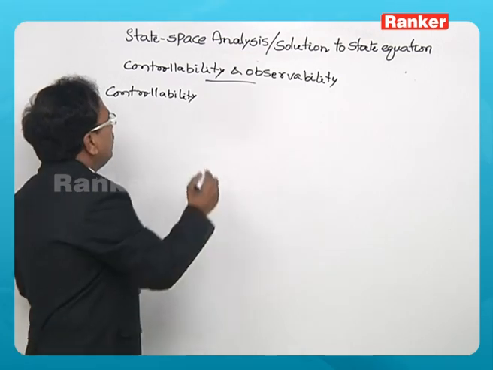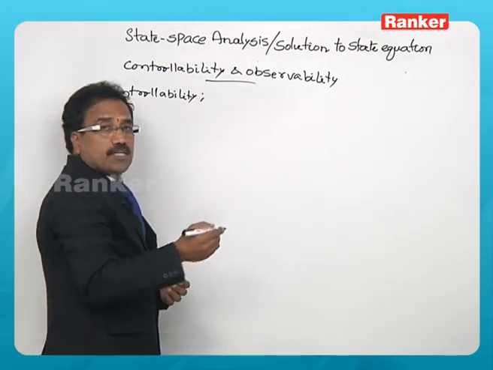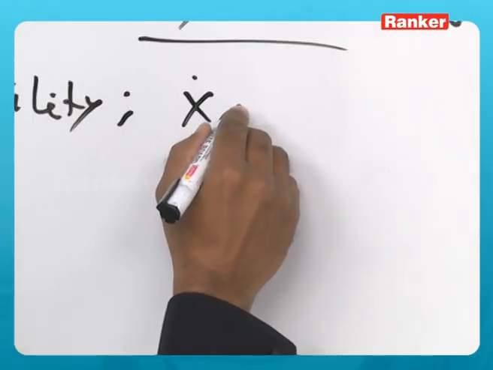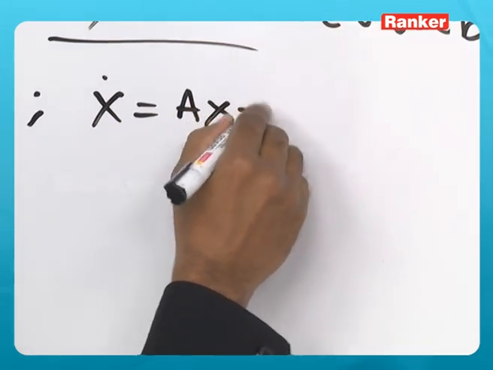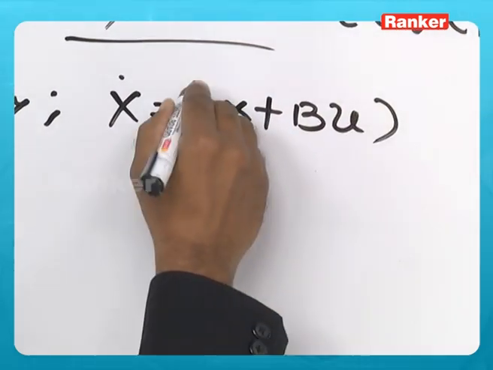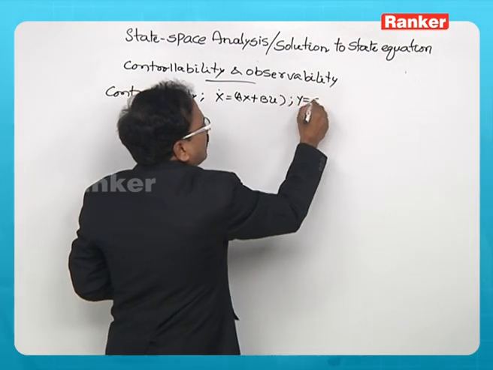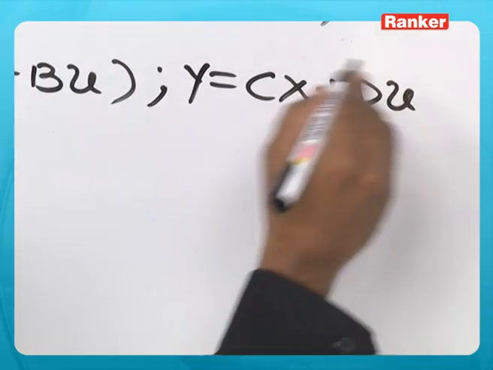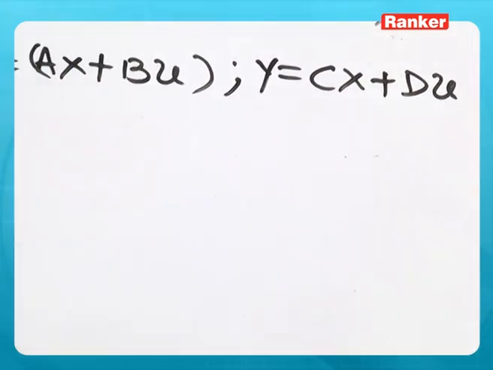A linear system, when it is described by the state equation x dot is equal to Ax plus Bu and y is equal to Cx plus Du, this is the state model.